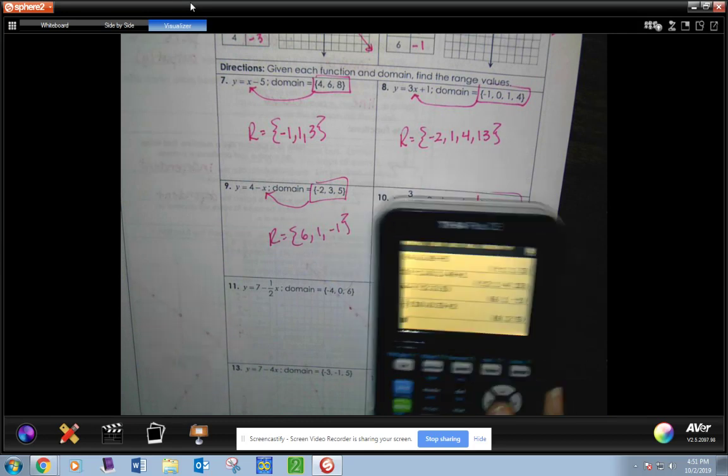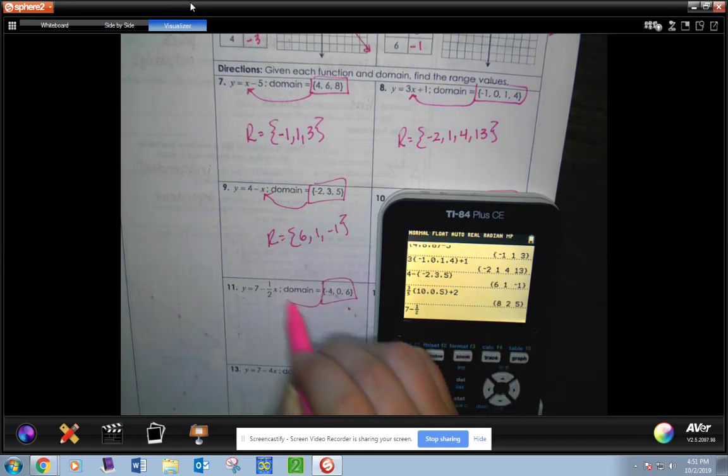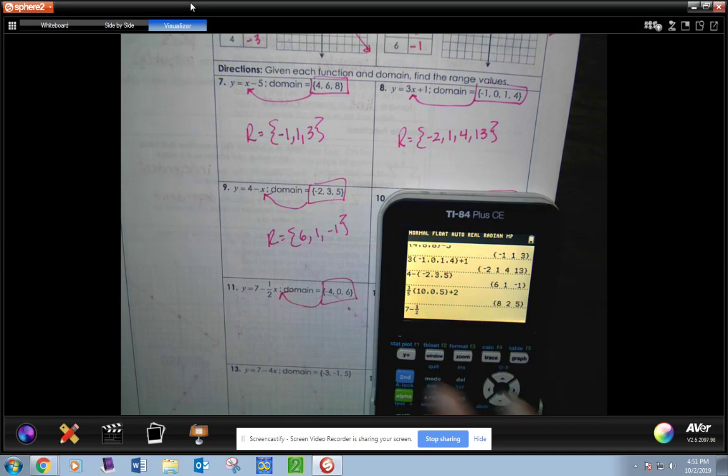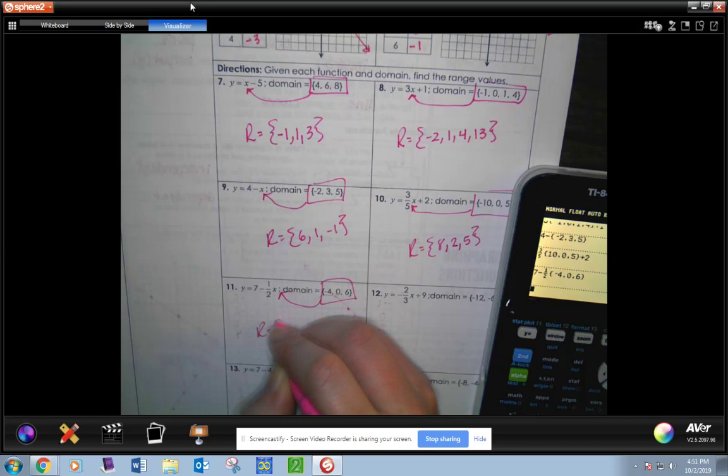For number 11, we're going to do 7 minus, and then you have a fraction, 1/2. Instead of x, we put this in for x. So second open bracket, -4, comma, 0, comma, 6, second close bracket. There's nothing after x, so I can hit enter. And I'm going to get 9, 7, and 4. So r equals 9, 7, 4.